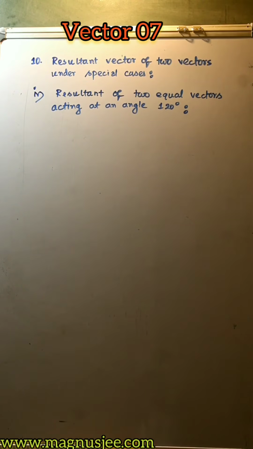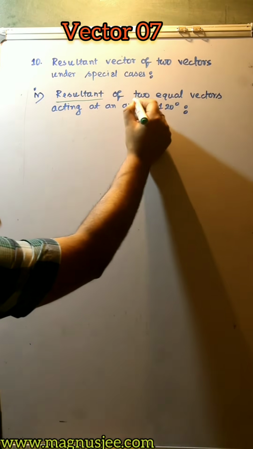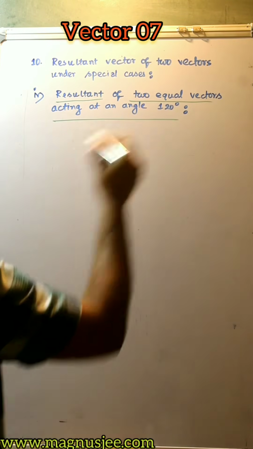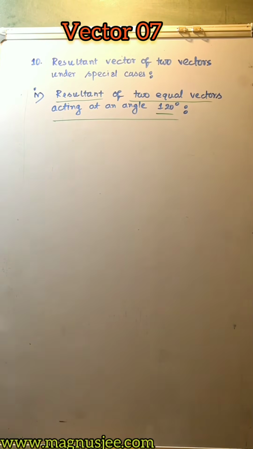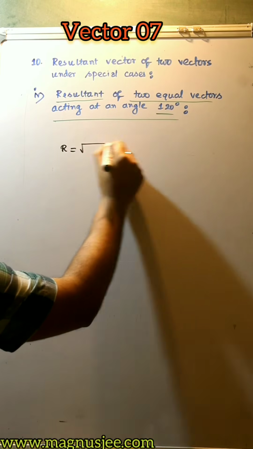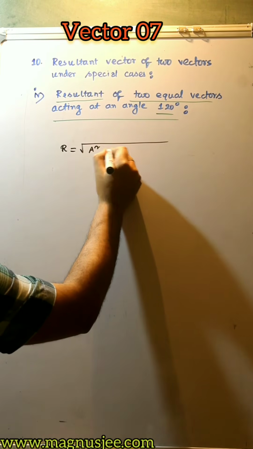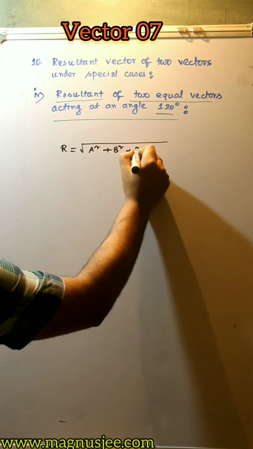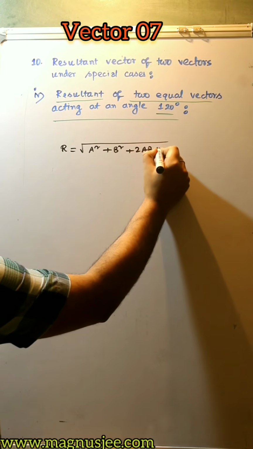Number 4, resultant of two equal vectors acting at an angle of 120 degrees. First of all we can write down the magnitude of the resultant vector R. R equals root over A square plus B square plus 2AB cos theta, which is again equation 1.